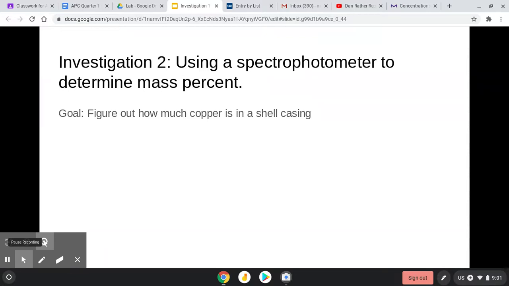In order to use a spectrophotometer to analyze the amount of an ion in a solution, we need the whole sample to be dissolved. So we're going to dissolve the shell casing, and then we're going to use a spectrophotometer to analyze how much copper is in the sample.